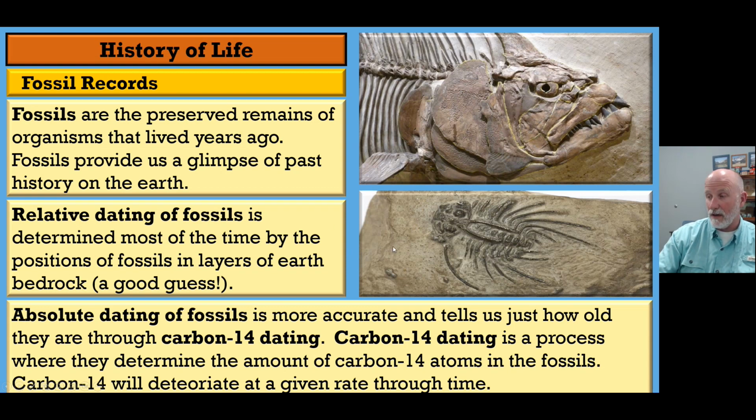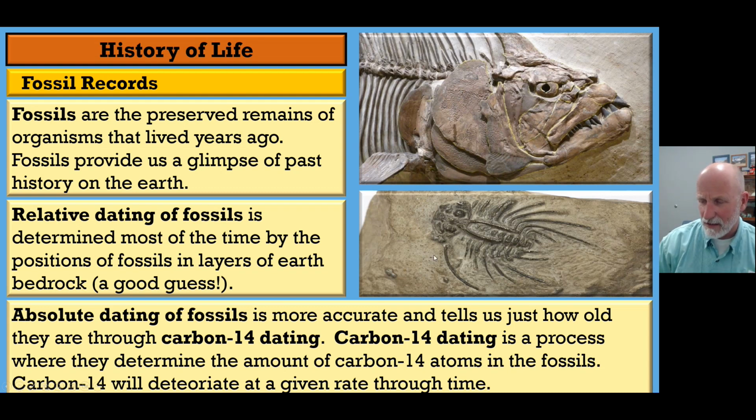They go on the amount of carbon-14 that's in that rock or fossil. All living critters have a certain amount of carbon-14 in them, and through time that diminishes because carbon-14 is a little bit radioactive and breaks down to carbon-12. By looking at the amount of that carbon, they can determine how old it is, because it's less and less through time.